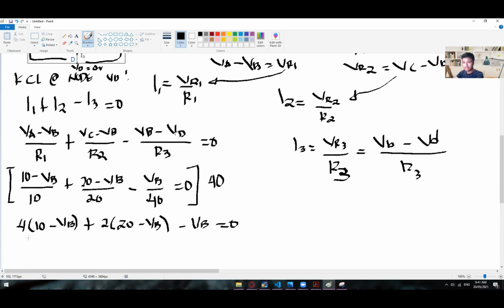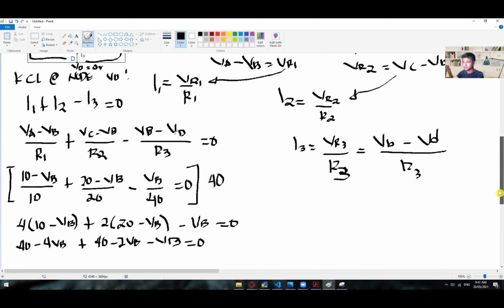From here, you can distribute first. So 4 times 10 is 40 minus 4VB, plus 2 times 20 is 40 minus 2VB, and then minus VB is equal to 0.